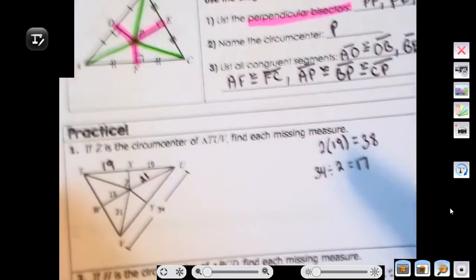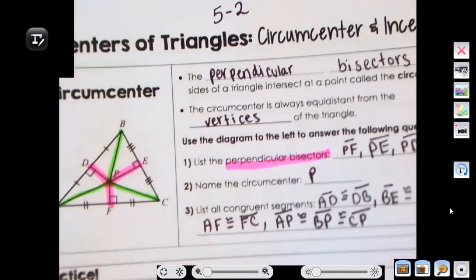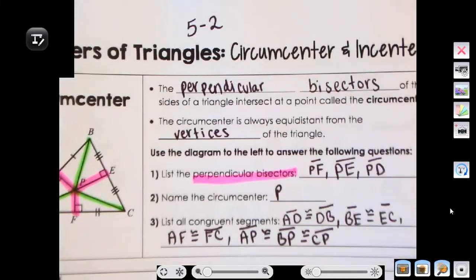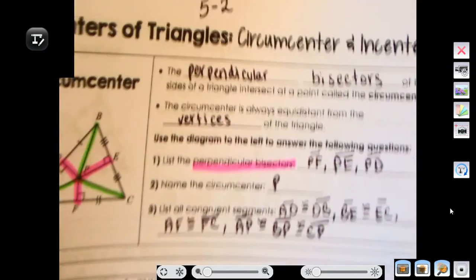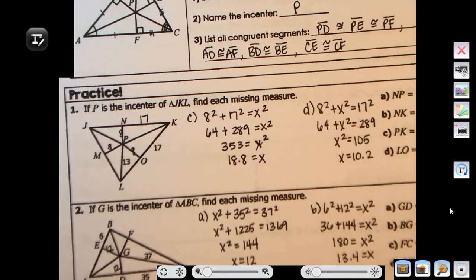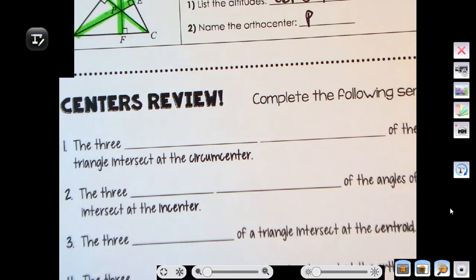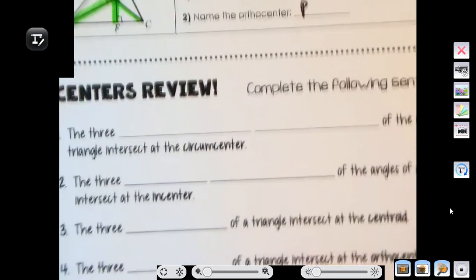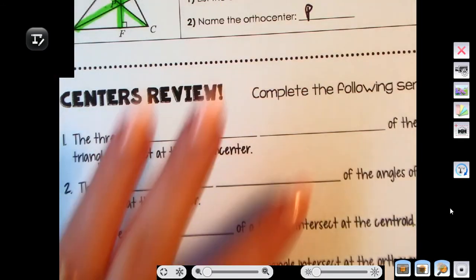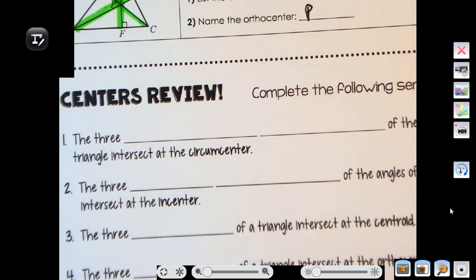You have circumcenter, incenter, centroid and orthocenter. So I want you to have those out so you have a reference to all of your types of centers of triangles, and see if you can fill in these blanks.